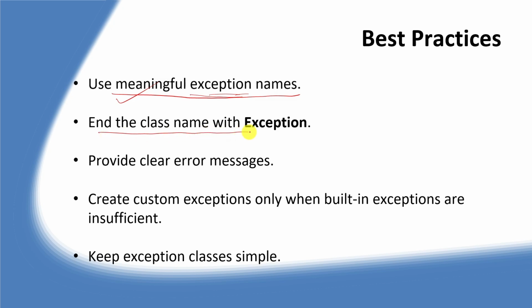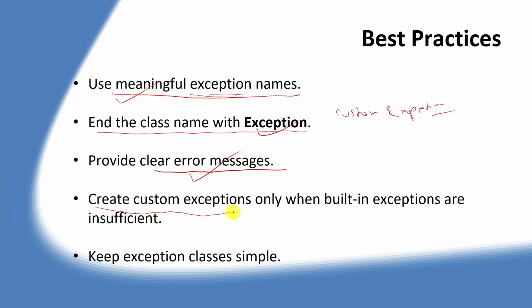And the class name of the custom exception should always end with the word Exception, so that we will know, okay, this is an exception class. And provide a clear and meaningful error message, so that the developer or the debugger can understand the error and how to rectify it.